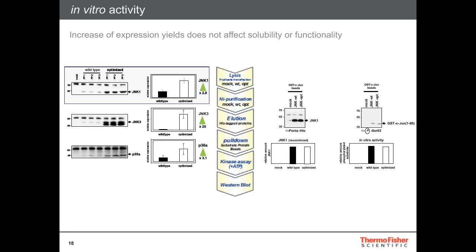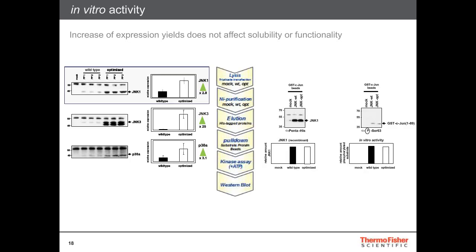So what we did here is we tested a set of kinases, again expressed from wild-type genes and optimized genes, then purified those kinases using IMAC affinity chromatography, and then carried out a pull-down of those kinases using substrate-coated beads.